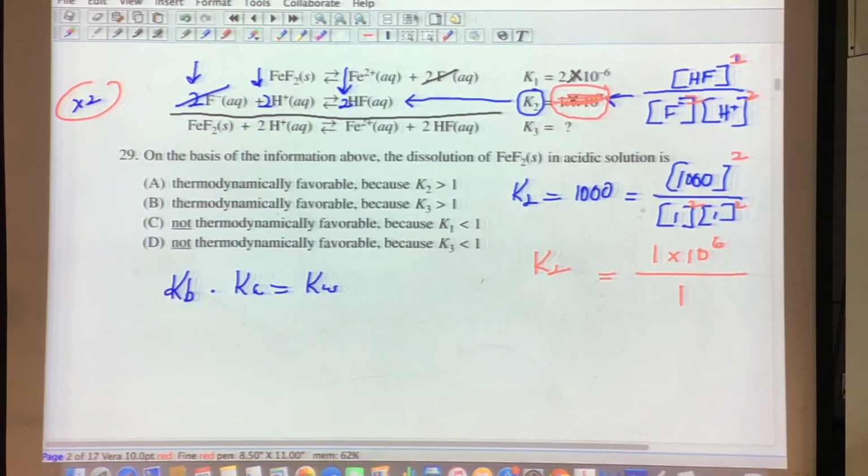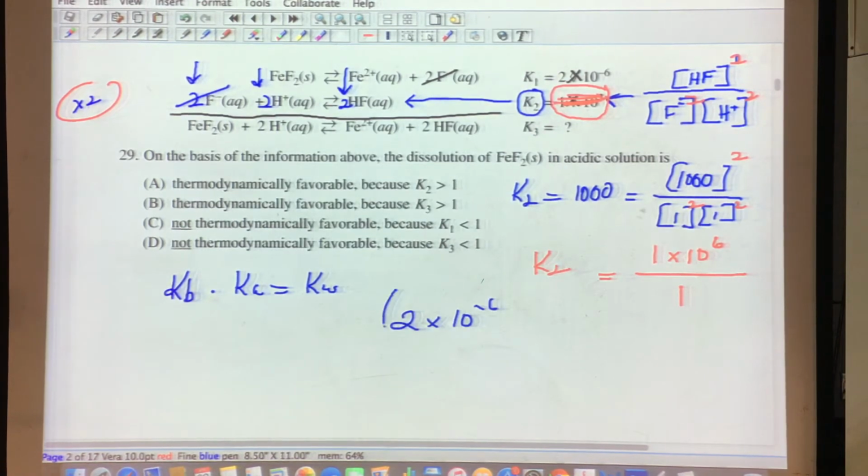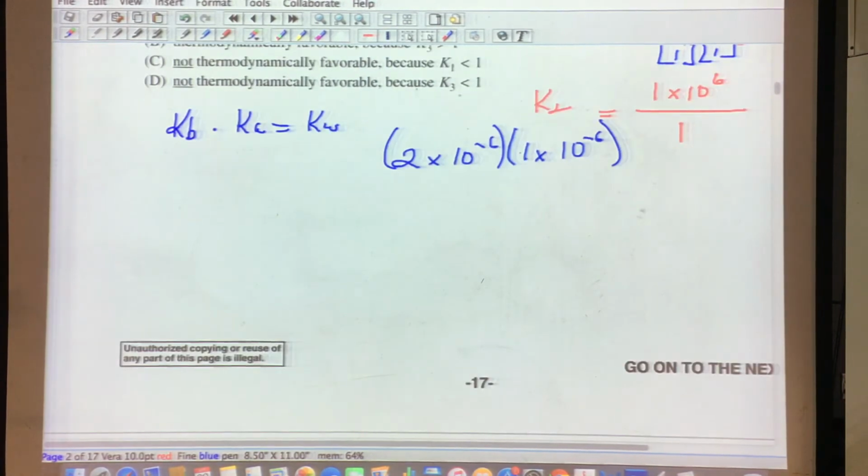And now what we're going to do to get the overall is multiply. We're going to multiply K1, which is 2 times 10 to the negative 6, and I'm going to times that by my K2, which is 1 times 10 to the negative 6. That's all I'm doing is multiplying my K's, now that I know my individual K's. Positive 6 for the second one.